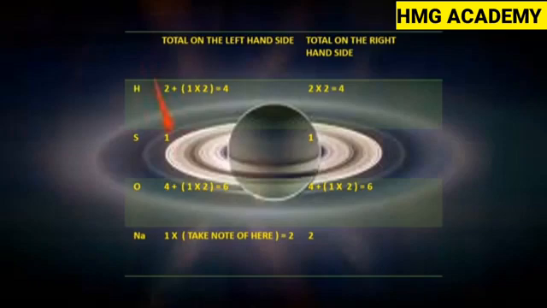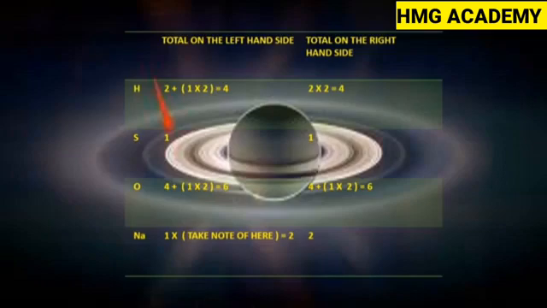Then on the right hand side, the 2 hydrogens we have, we multiply them by 2 again. It will now become 4. So hydrogen will now be 4 on the left hand side and then 4 on the right hand side. Sulfur still remains 1 on both sides.